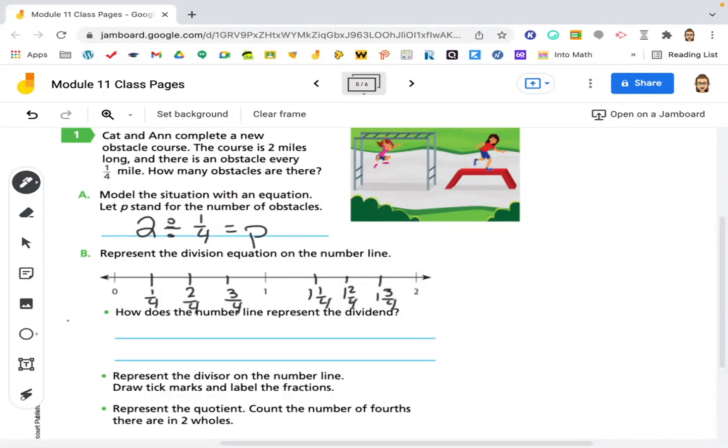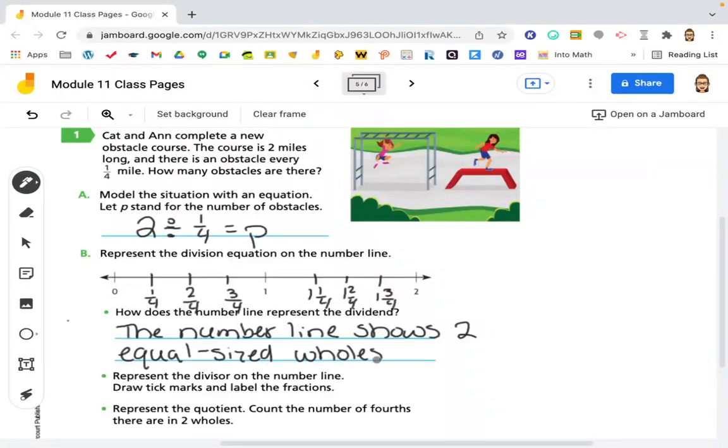Then it says, how does the number line represent the dividend? So it says the number line shows 2 equal sized wholes to represent the 2 miles.